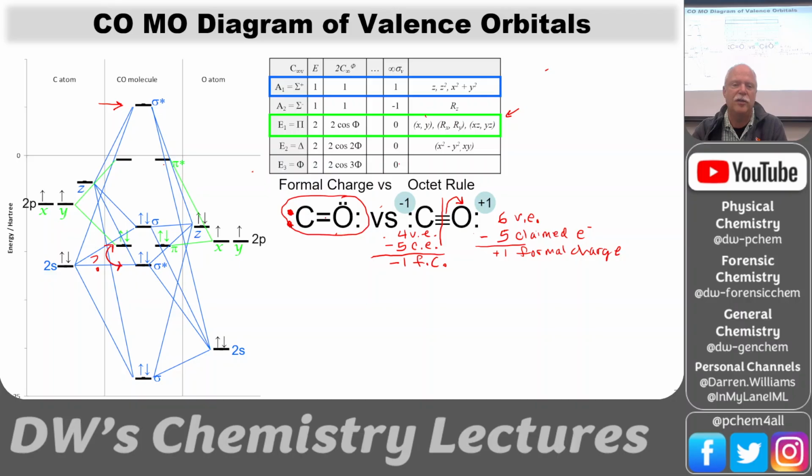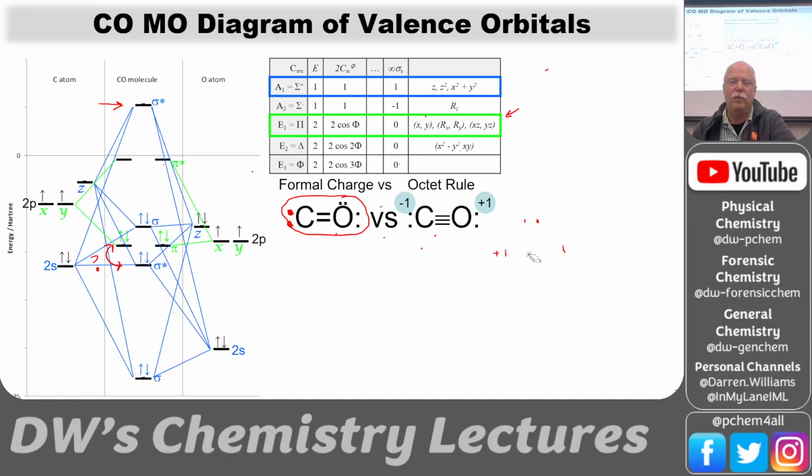So carbon gets 2, 4, and then it has 2 non-bonded, so 6 electrons. Oxygen has 2, 4 for the non-bonded, and 6, 8. So it has 8. So it's happy, but carbon's not happy. And that's what would cause us to make a triple bond if we were going to stick hard to the octet rule. So that's the octet rule versus formal charge fight that they're having in terms of carbon monoxide.